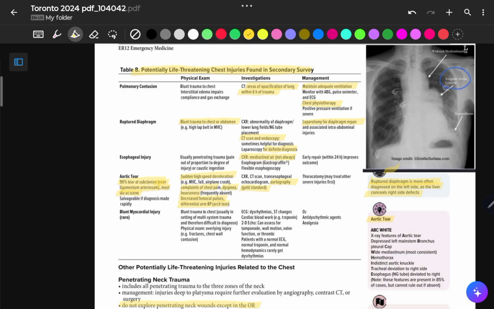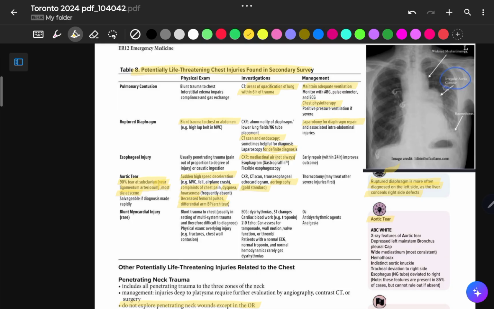On chest X-ray you see an abnormality of the diaphragm and the lower lung field, and the nasogastric tube placement will be inside the chest. CT scan and endoscopy can sometimes be helpful in the diagnosis. Laparoscopy is the definitive diagnosis.